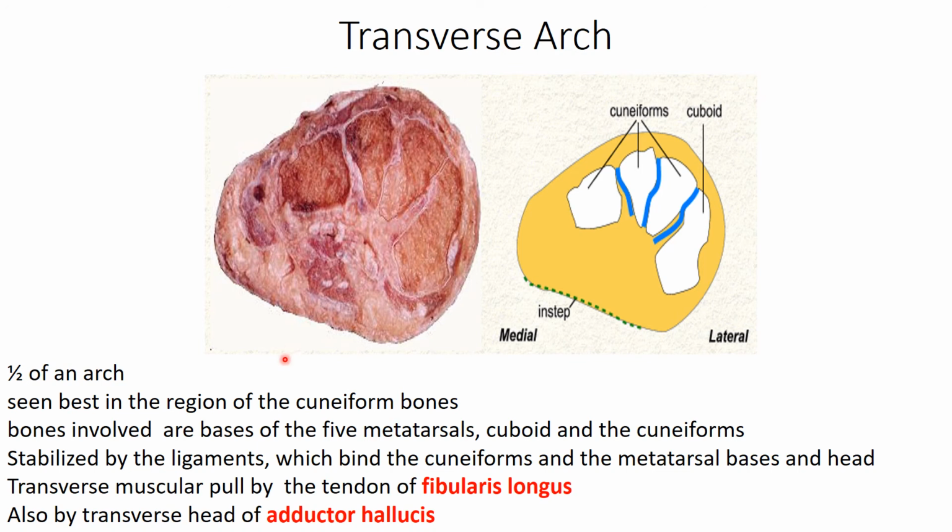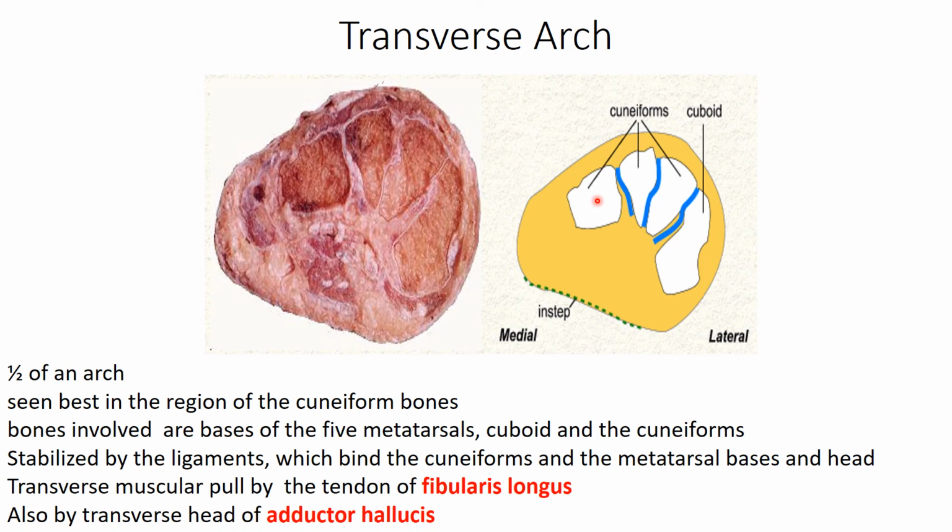Here the curvature is more prominent, and the bones involved are the distal portion of the tarsals, the three cuneiforms, medial, intermediate and lateral, and the cuboid and the adjacent portion of these five metatarsals.